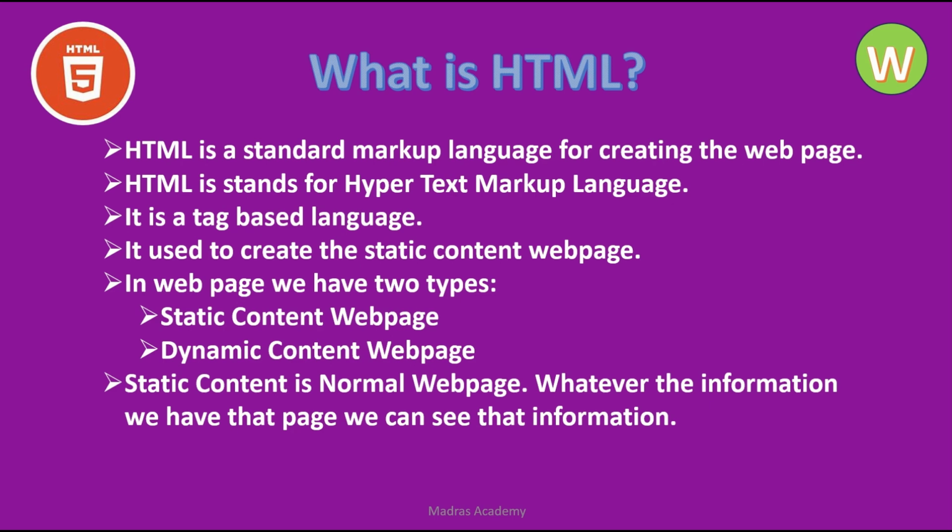Only whatever information is there, we can see. We can create that kind of application using a static content web page. We get all the tutorial links, and when I click any one of the links, we can see the information there. That is a static content web page.